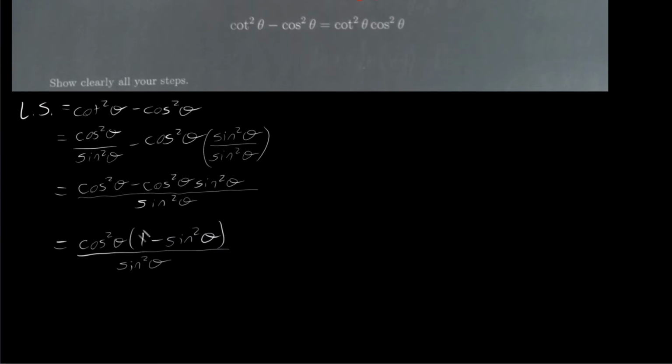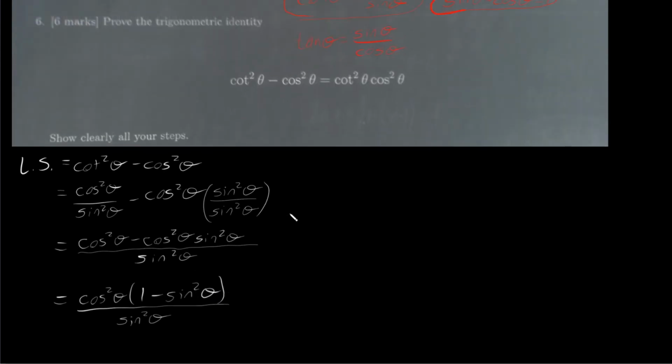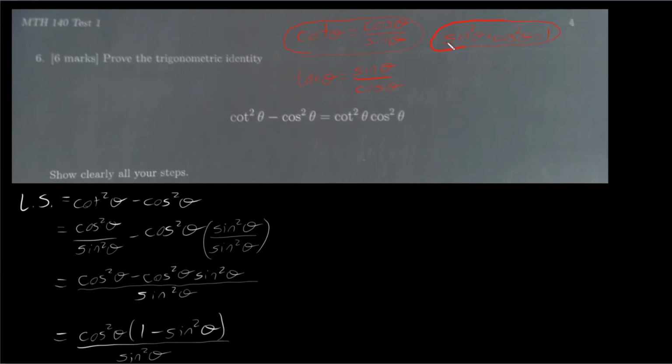Now let's take a look at this term right here, the 1 minus sine squared theta. Is there anything we can do with this 1 minus sine squared theta? Well, remember, if we take a look at this identity that we have here, we know that sine squared theta plus cos squared theta is equal to 1. So if we subtract sine squared theta from both sides, then we end up getting here cos squared theta is equal to 1 minus sine squared theta.